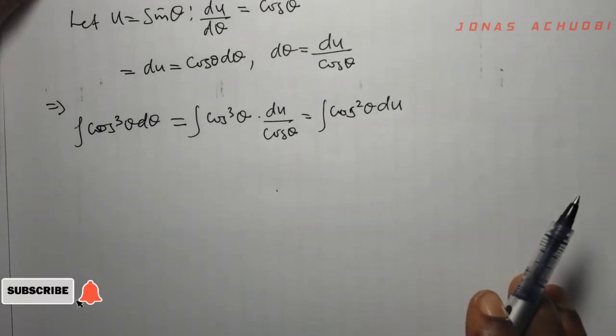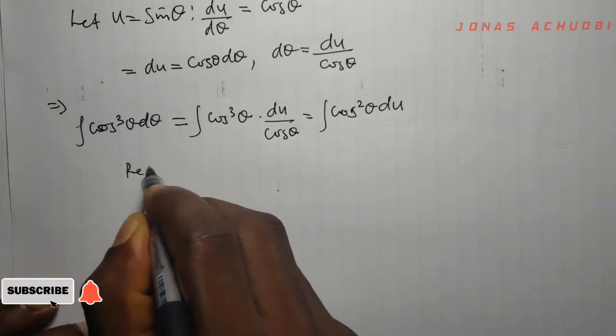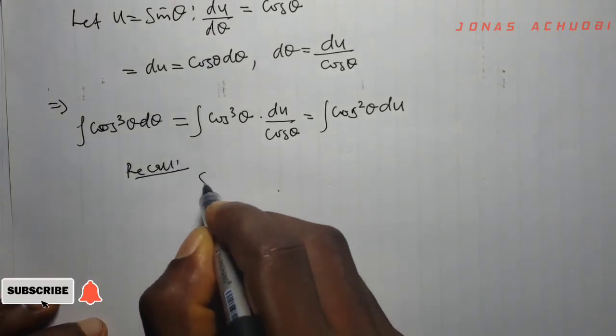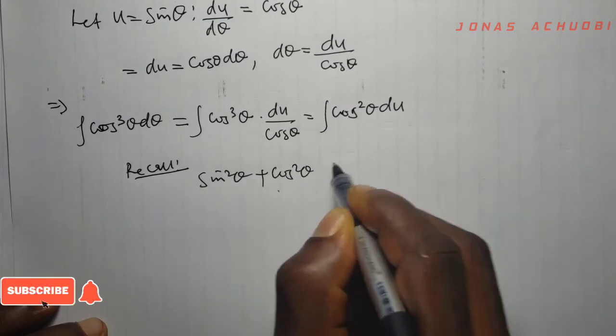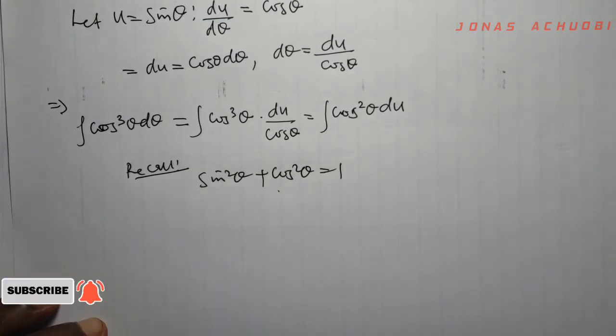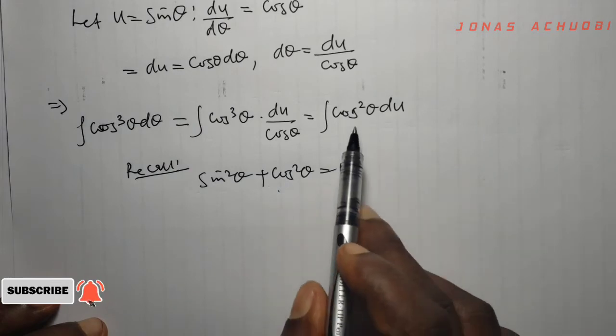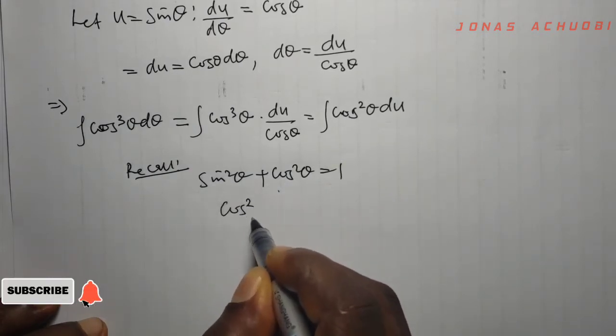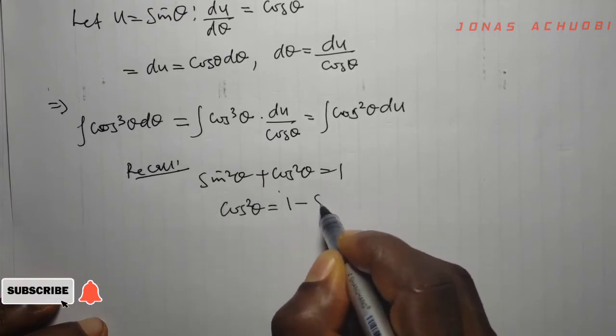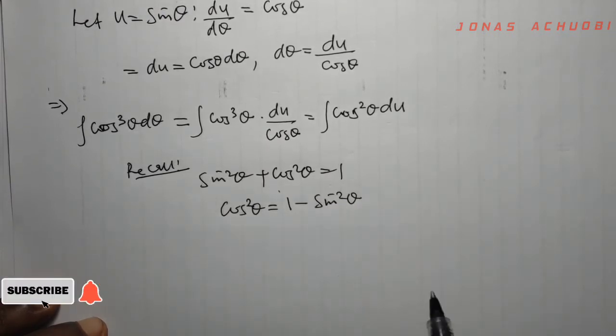However, we should recall that sin squared theta plus cos squared theta is equal to 1. So if we make cos squared theta the subject of this equation, we have cos squared theta is equal to 1 minus sin squared theta.